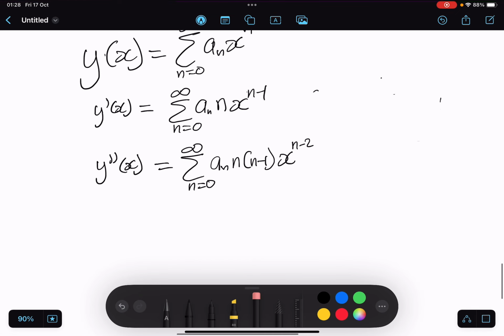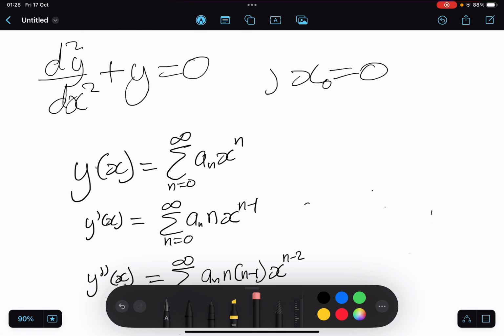We come back and substitute in this equation.